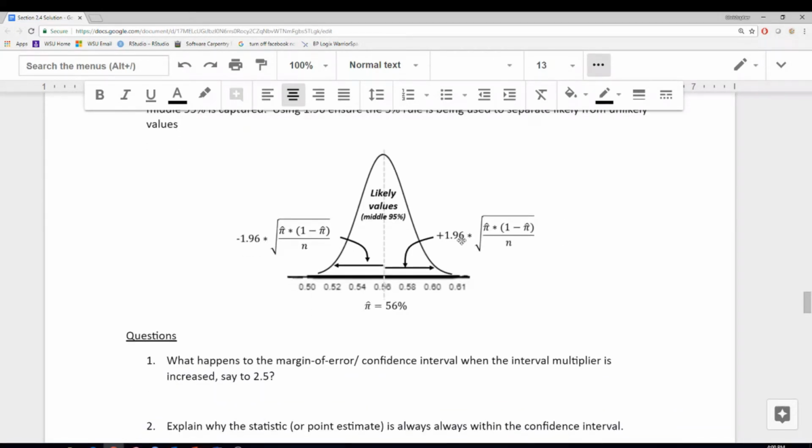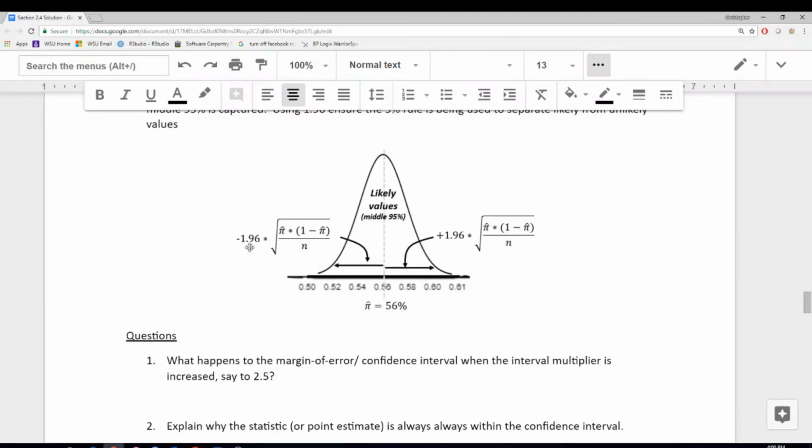If we were to increase that interval multiplier, suppose we were to change that 1.96 to, let's say, 2.5 or something, that would push these arrows longer. In other words, the margin of error would increase. It would go up further here, and when we're doing the other side, it would go down further here.